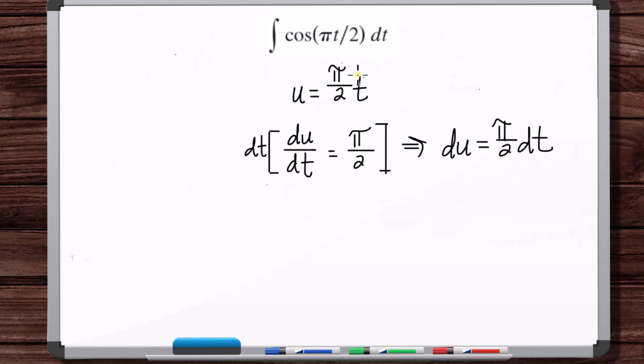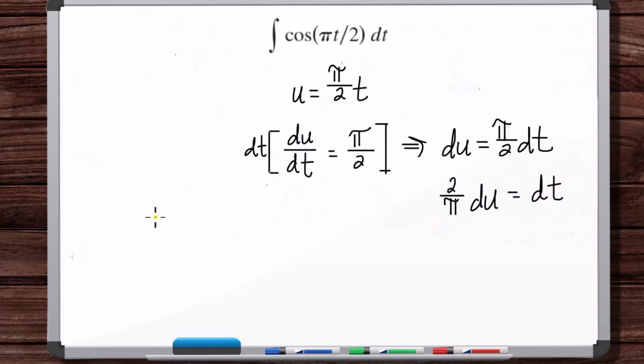Therefore, all we have is a 1 times dt. So we want to solve for 1 times dt. That's going to be 2 over pi du is equal to dt.